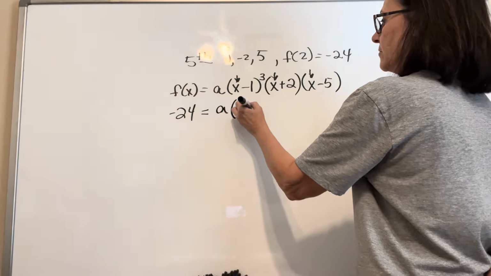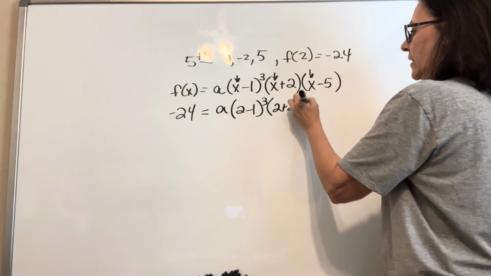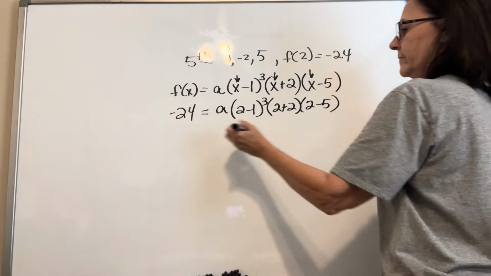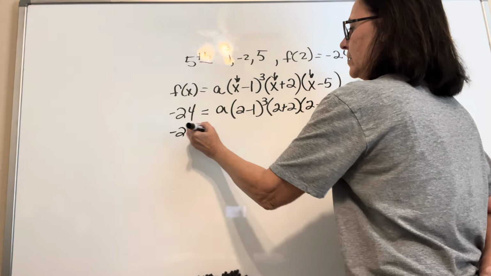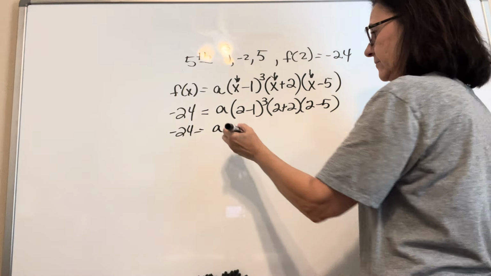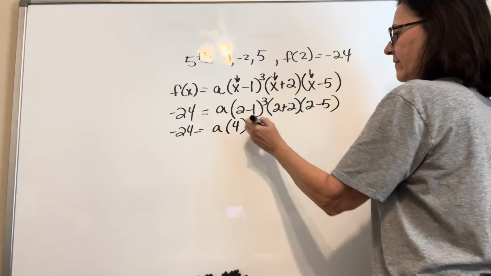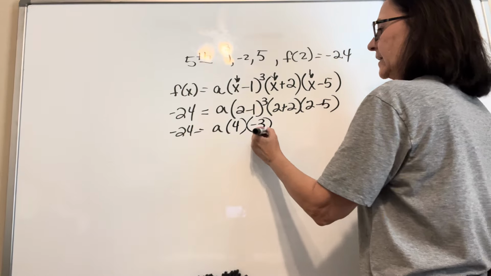So it's going to be 2 minus 1 cubed times 2 plus 2 times 2 minus 5. So -24 is a. 1 cubed is just 1. I don't even have to write that down. 2 plus 2 is 4. 2 minus 5, that's -3. That's -12.